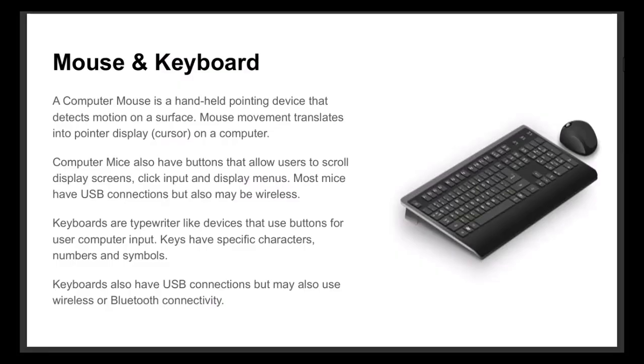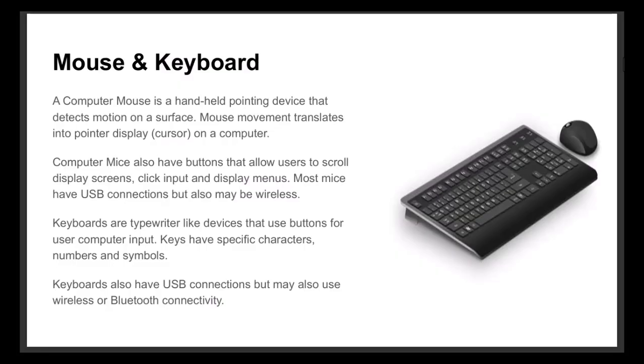A computer mouse will also have buttons. These buttons will allow us to click to display certain menus and perform certain input functions on the computer. Many computer mice also will have a scroller. This will be a small rotating circle inside the middle of the mouse that as you move your finger either up or down, it will also move the screen display up or down on your monitor.